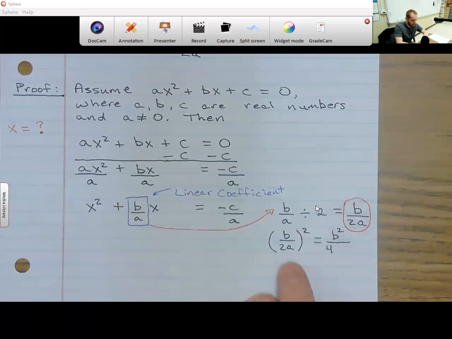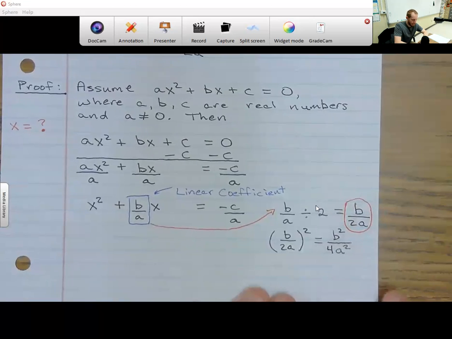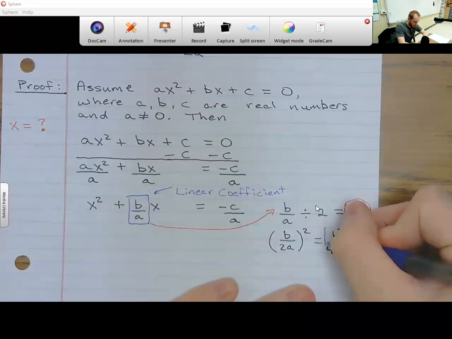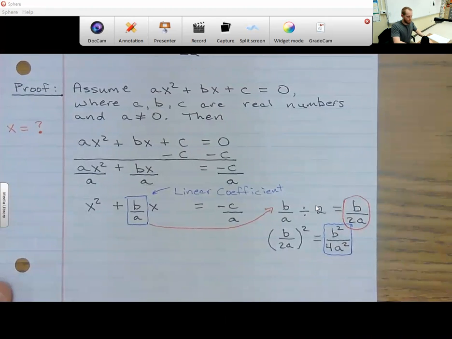But I also have to square the a, so I'm going to get a squared right beside it. And I'm going to put a box around this fraction. So I've got b squared over 4a squared.